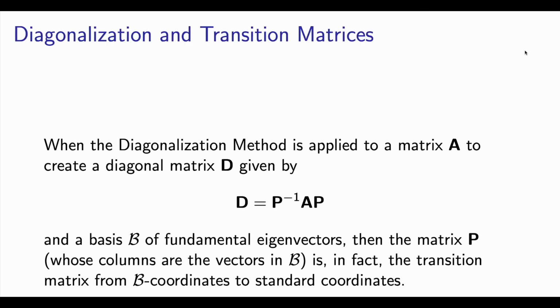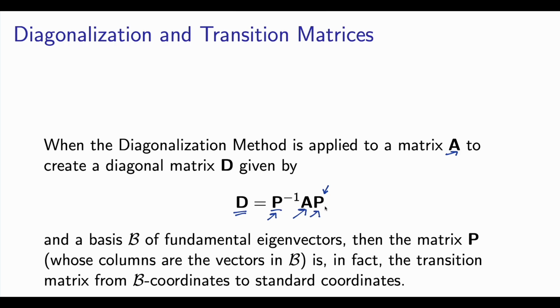Another important result using the transition matrix: we can always diagonalize the given matrix A into the diagonal matrix D with the help of the transition matrix P and its inverse. Since diagonalization is possible for such a matrix, when the diagonalization method is applied to a matrix to create a diagonal matrix D, it is given by D equal to P inverse AP.